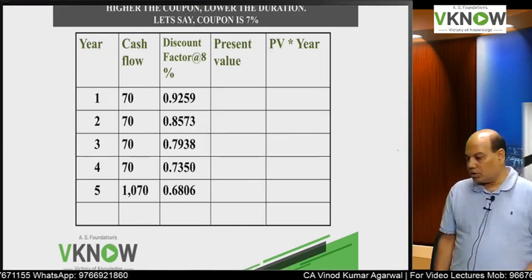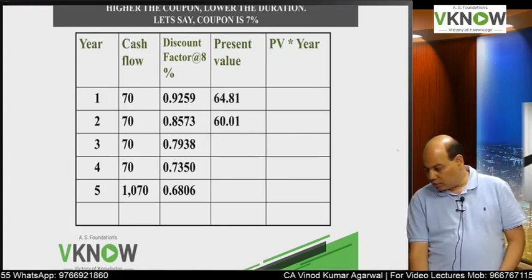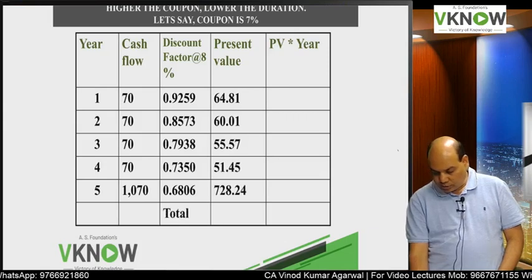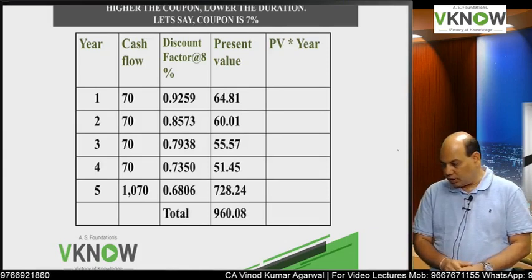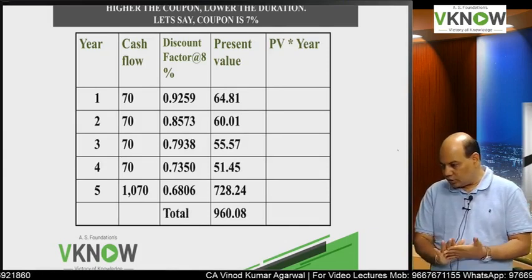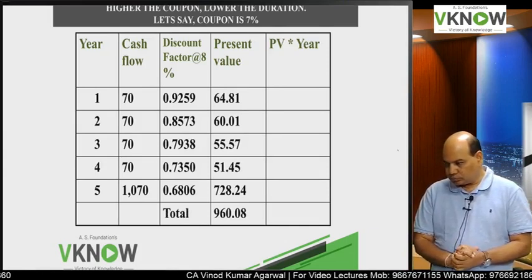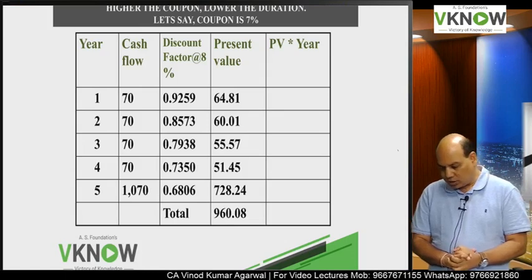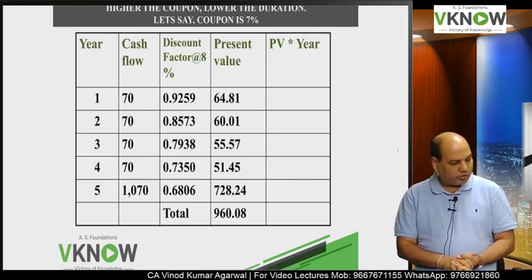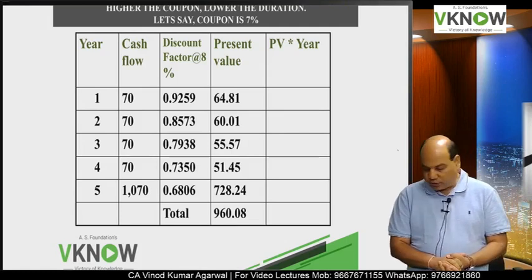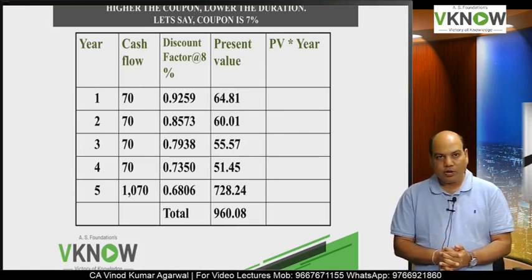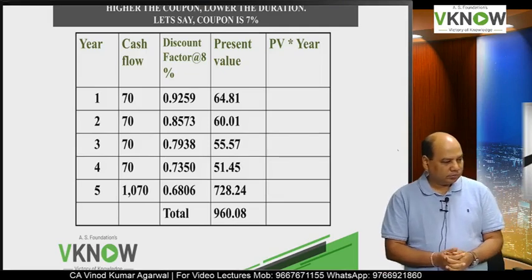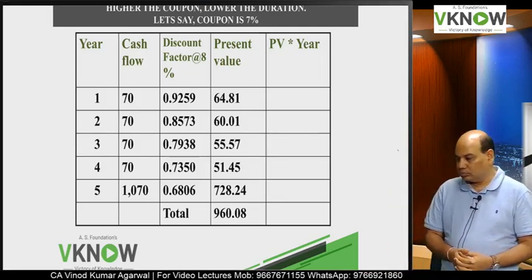One student has given the answer, which is 960.08, but your answer is different, so please check your answer again. The one who has given the answer 897.96, check it again.